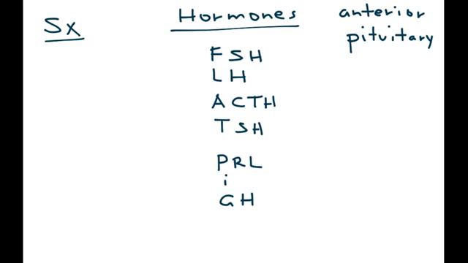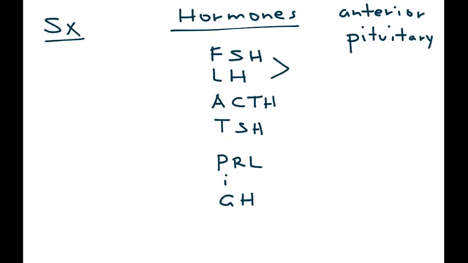So first let's discuss what these hormones do, and then you can get a better understanding of what will happen in the body if these hormones are no longer produced in sufficient quantities.